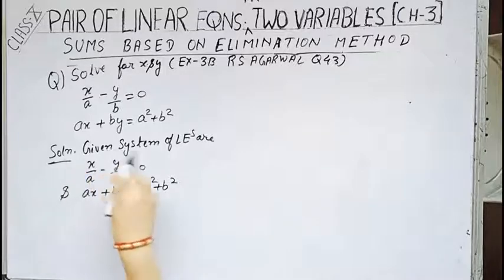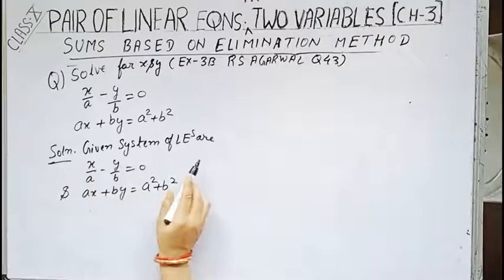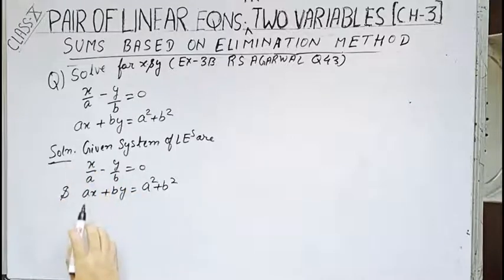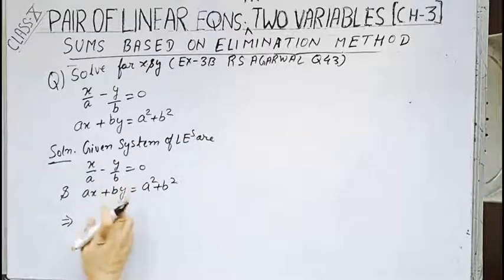In the solution part, first we will write the given equations. So the given system of linear equations are x by a minus y by b equals 0 and ax plus by equals a square plus b square. The LCM of the two will be ab, so I will be multiplying both sides by ab.